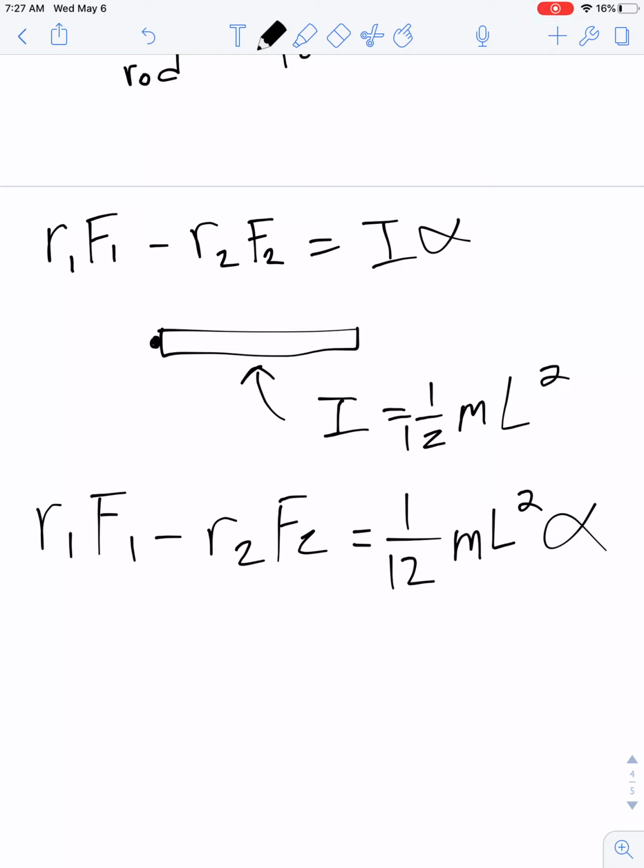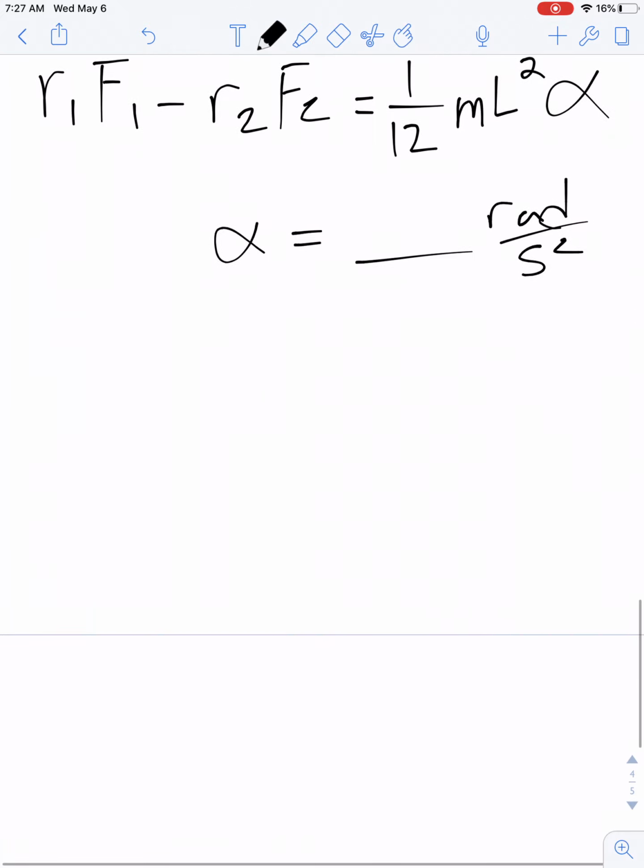So you would essentially at this point just go ahead and calculate everything, and you'd get your angular acceleration, which would be measured in radians per second squared. And in today's assignment, once you have this angular acceleration, the problem might then ask you to use that angular acceleration in the context of a kinematic.